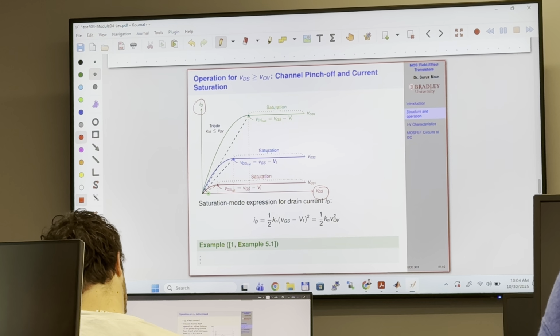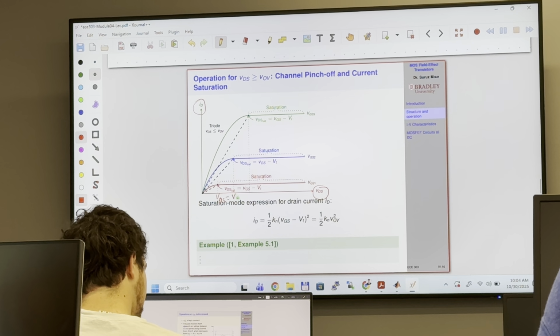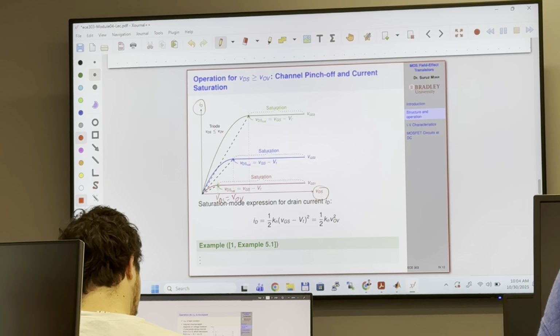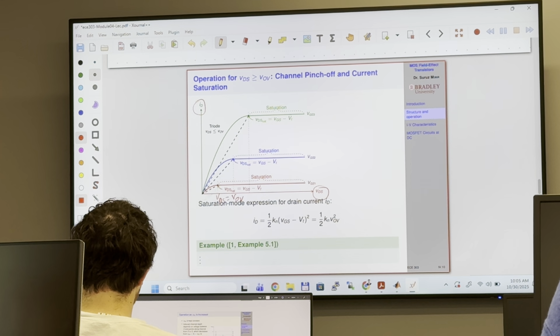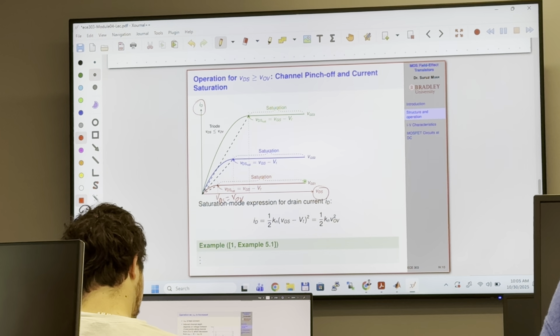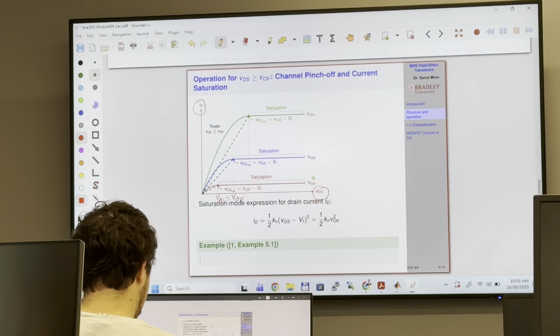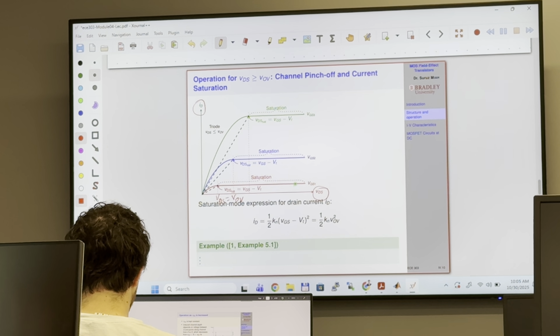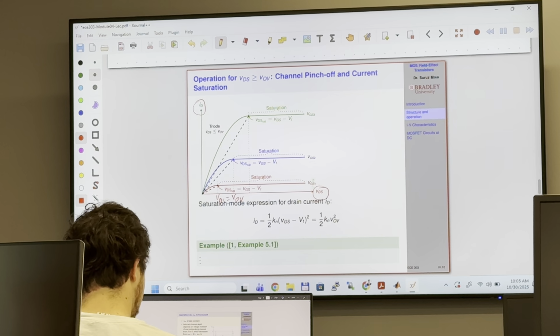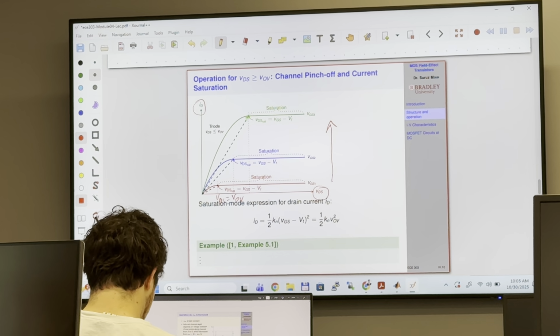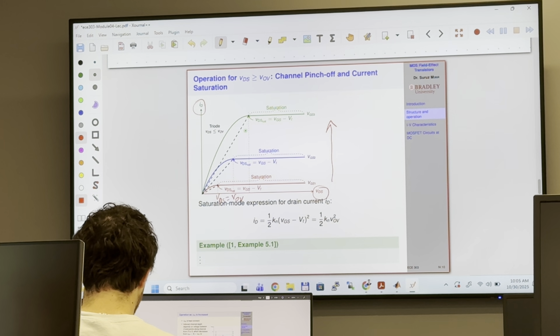You keep increasing VDS, up to a certain point when VDS equals VOV. Up to that point, you will see that current is increasing linearly, and after that, even if you increase VDS, current is going to be constant, and this region is called the saturation region. And now you have different curves here because you have different VGS. Different VGS will give you different curves, but up to this point, it's the linear region.